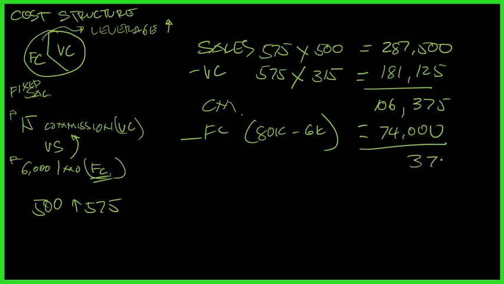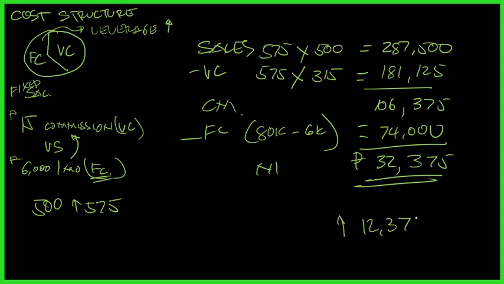So that's 106,375 minus 74,000, which is 32,375. Alright, so that is now your net income. If the question is, how much is the net income? This will be your answer. How much is the profit impact or change? That will be minus 20,000, and your answer will be an increase of 12,375.